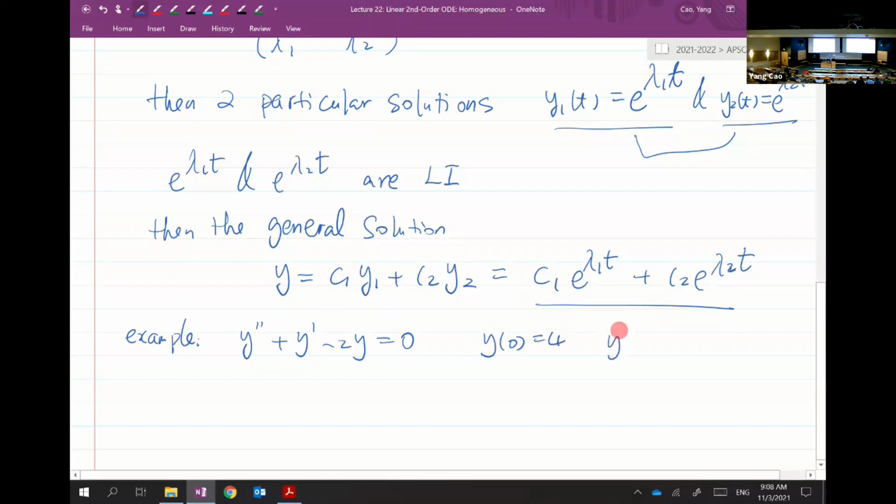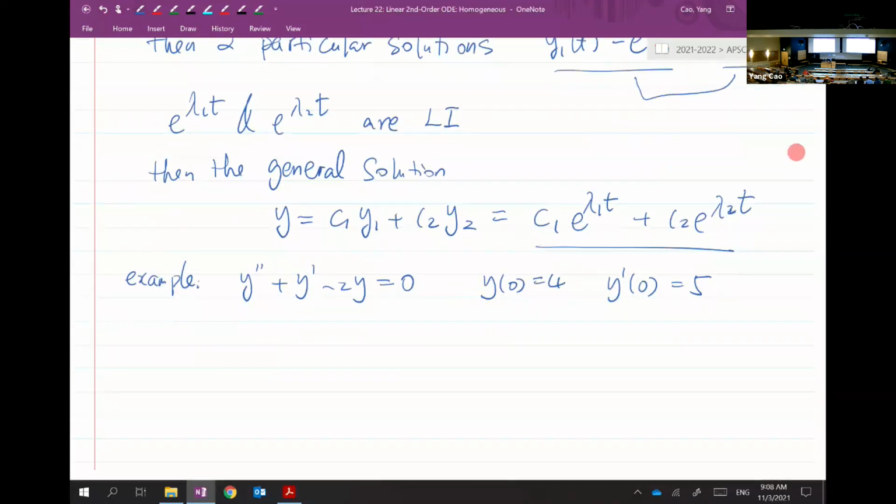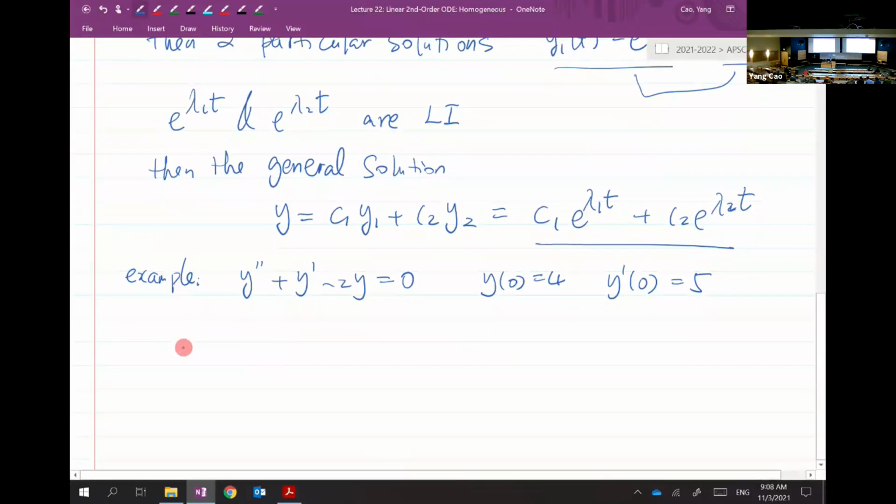And we're given some initial conditions. The initial condition says y at time equal to 0 is 4, and y's derivative at time equal to 0 is 5. Let's solve this differential equation. The steps are very straightforward. Based on this, you create your characteristic equation.